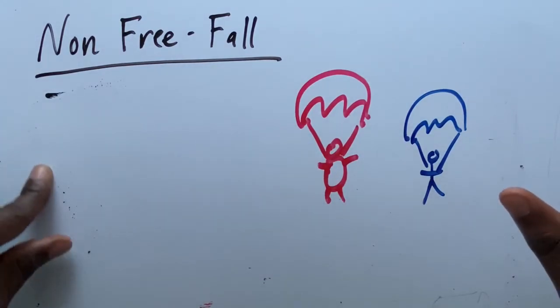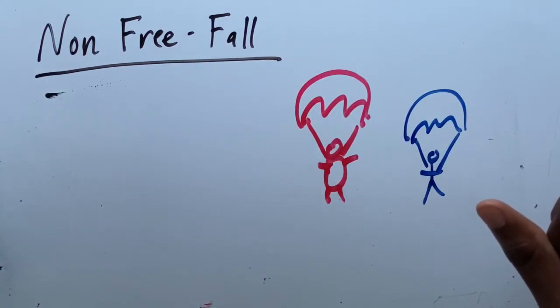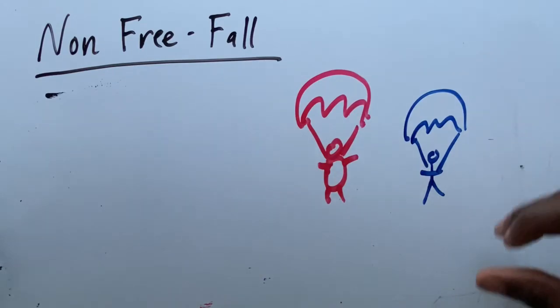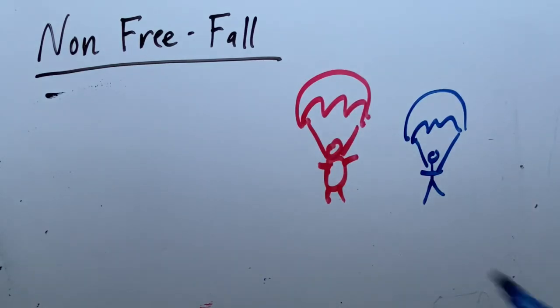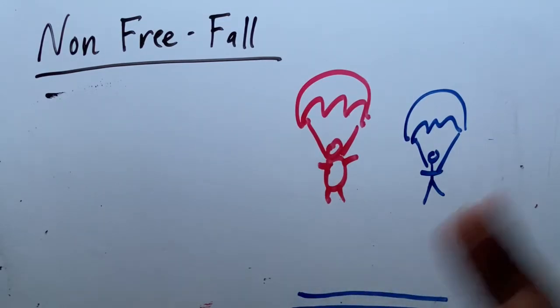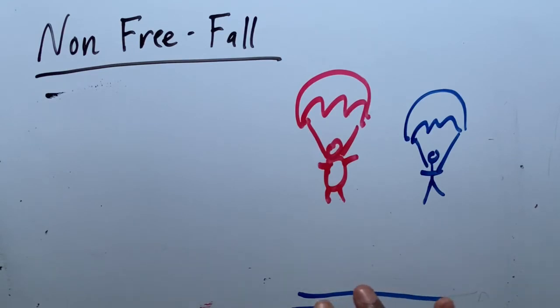So the question is, which person will reach the ground? Let's say this is the ground here. Can you see that? Let me do it right there. Boom. Which person will reach the ground first?